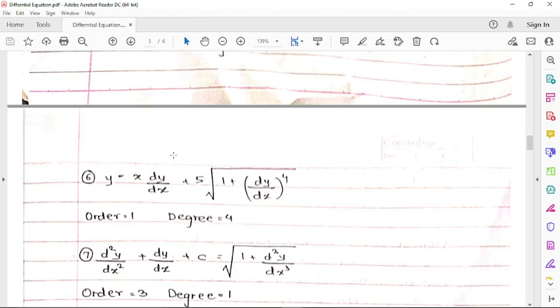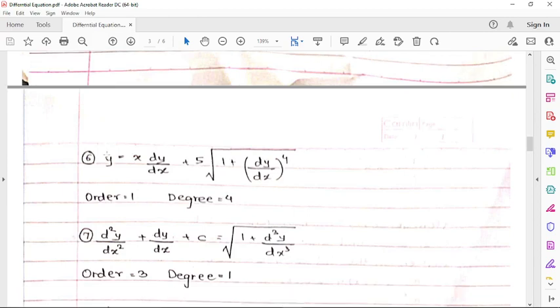Why? Because we have to make the index positive, not a rational or fractional number, right? So we have to arrange for the index. After squaring, this square root will go out, and you can find the order is 1 and the degree is 4.